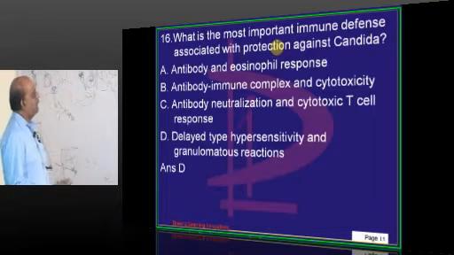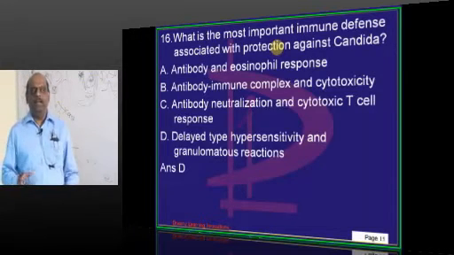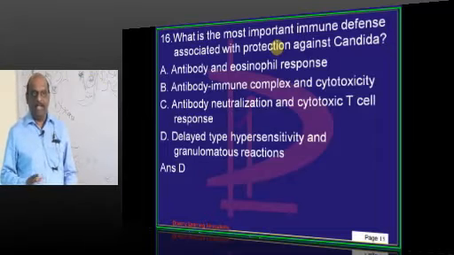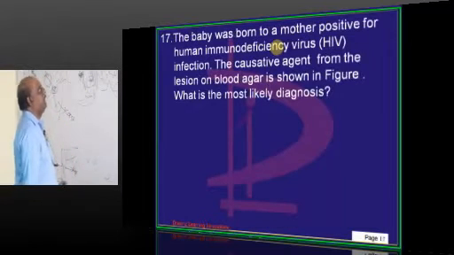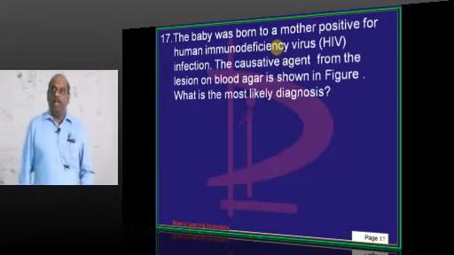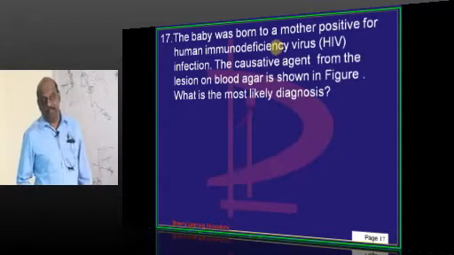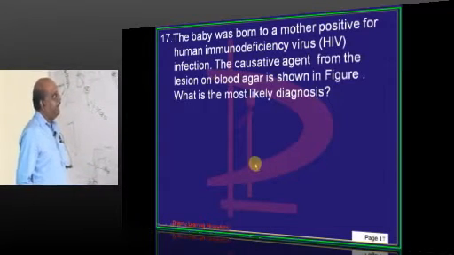So Candida leads to a delayed type of hypersensitivity reaction. Candida albicans is what needs to be remembered. HIV positivity is there in the mother and the baby is born, and the organism is grown on the agar.